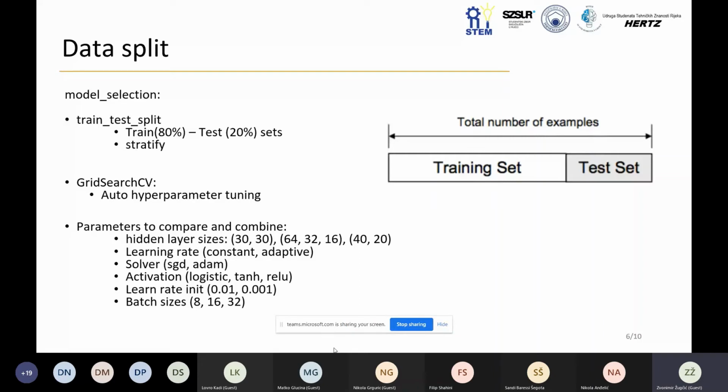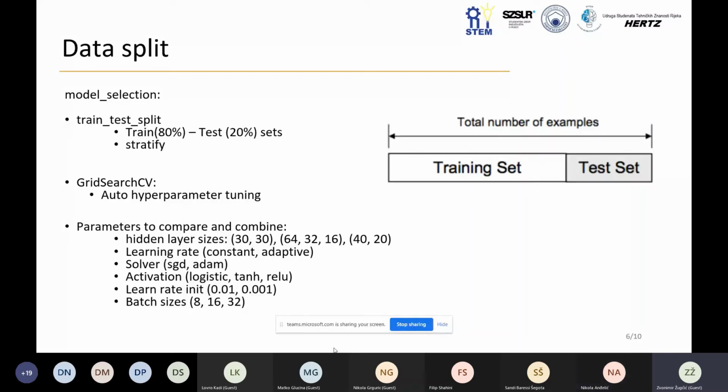Train test split and grid search CV are under the model selection library. Grid search CV is used to automatically tune the parameters and choose the best one based on accuracy. After several thousands of fits, it was time consuming, depending on the device and maximum iteration number, but it's still time saving compared to manually testing each combination.